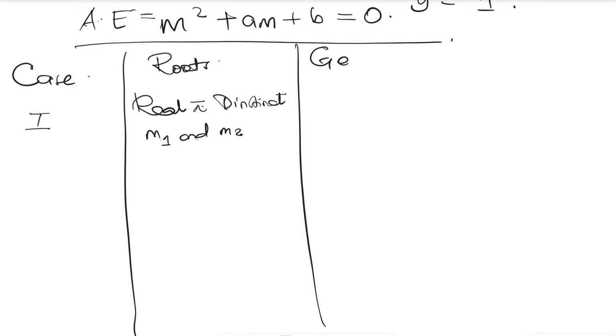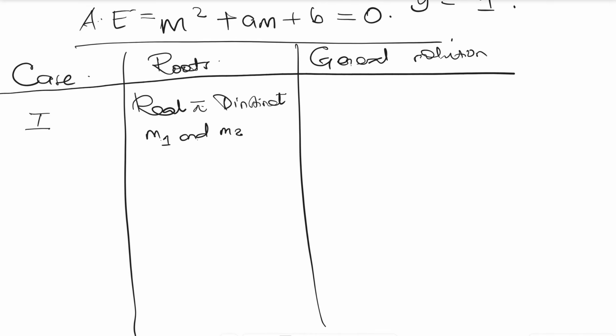And what will be the general solution? In this case, the solution will be y is equal to c1 e power of m1x plus c2 e power of m2x.